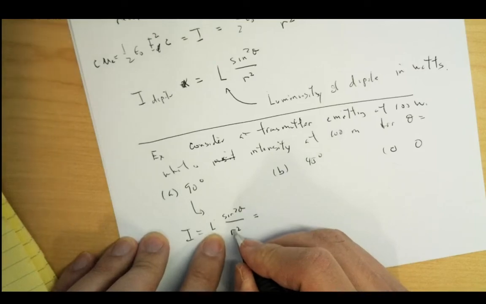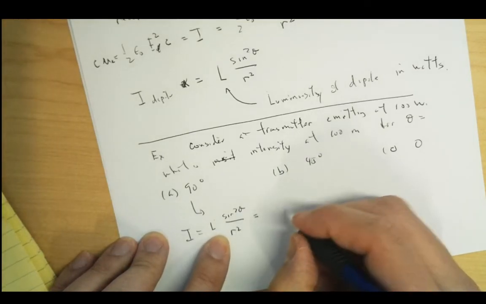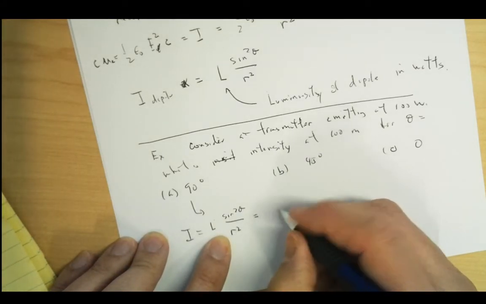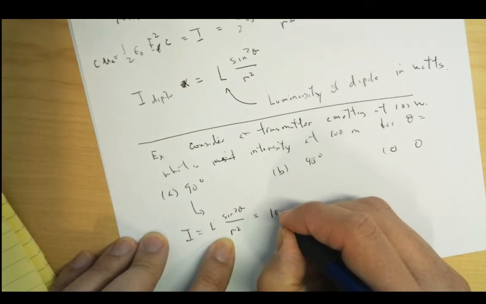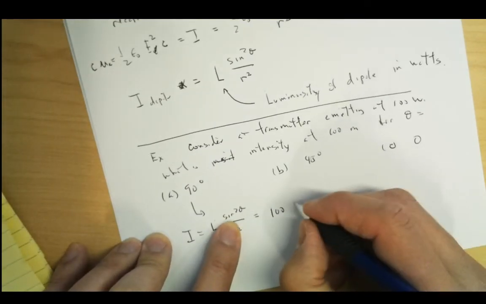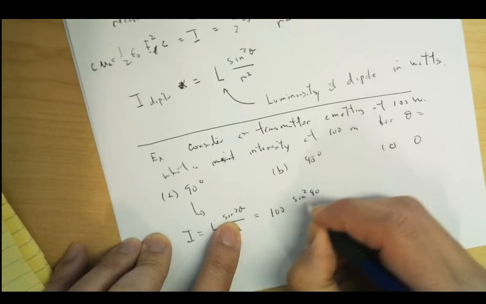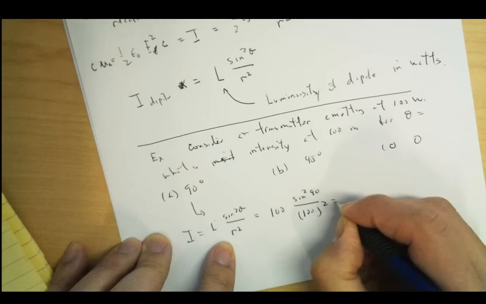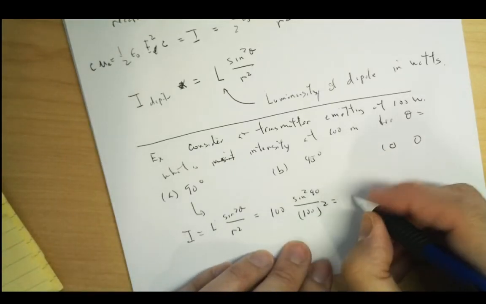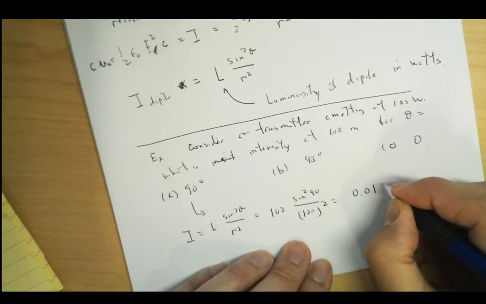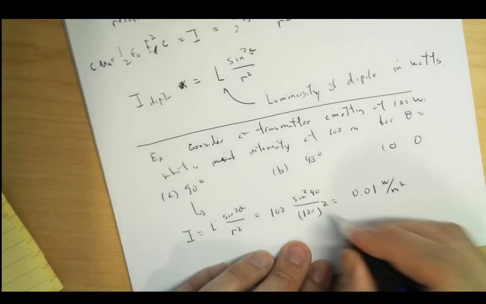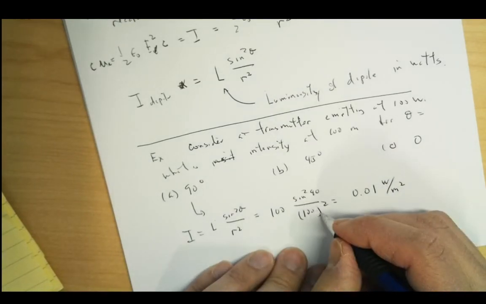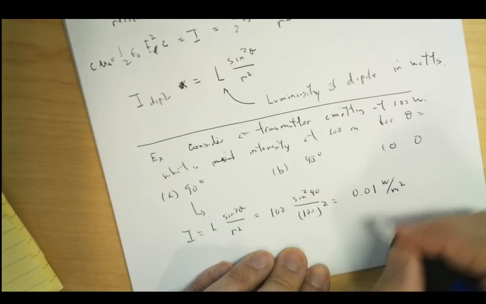So the first one is, let's write this down, 100 watts times sine squared of 90 over 100 meters squared. That basically turns out to be 0.01 watts per meter squared, since 100 divided by 10,000 is 0.01.